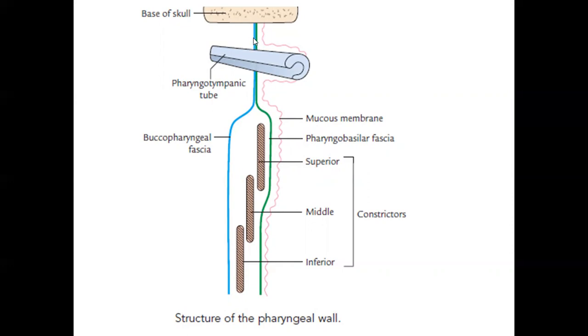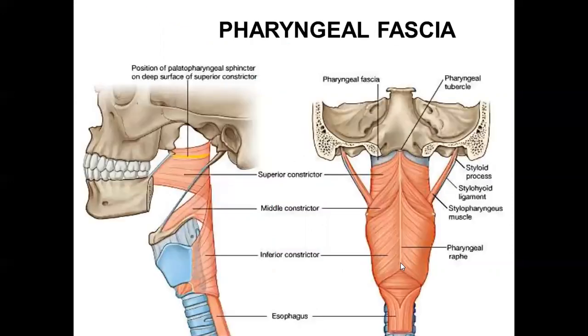The pharyngobasilar fascia is thickest where? In the upper part, where it fills the gap between the upper border of the superior constrictor muscle and the base of the skull, and posteriorly, where it forms a raphe known as the pharyngeal raphe. So we see that this pharyngobasilar fascia is thick at 2 points.